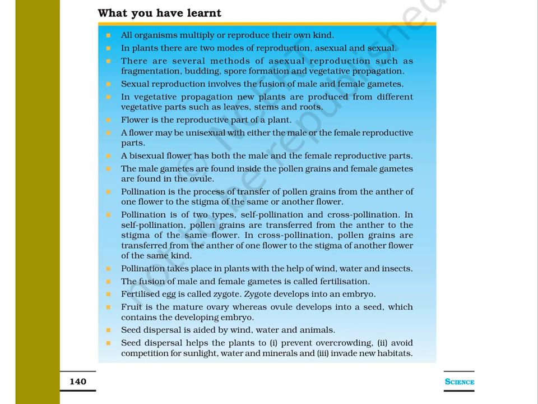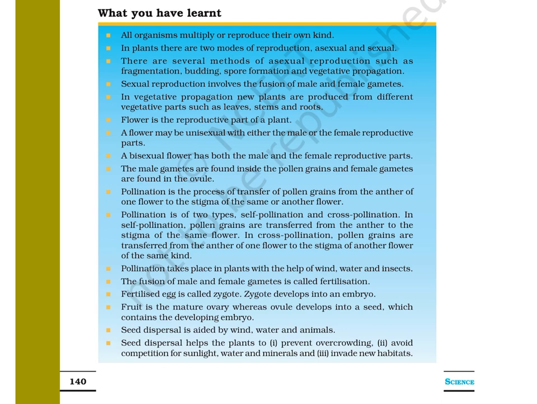A flower may be unisexual with either the male or the female reproductive parts. 8. A bisexual flower has both the male and the female reproductive parts. 9. The male gametes are found inside the pollen grains and female gametes are found in the ovule.